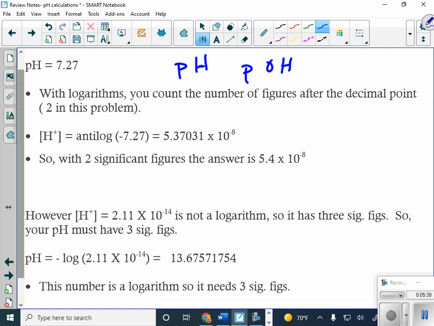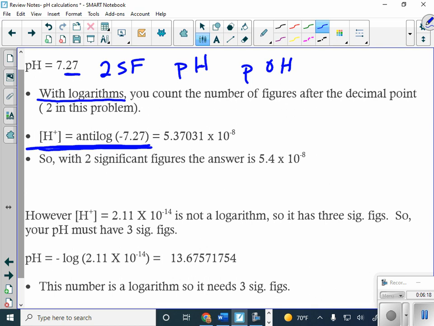It says, with logarithms, you count the number of figures after the decimal point. So how many figures do I have here after the decimal point? Lena: 2. Good. I have 2 numbers after the decimal point, so this problem is going to have 2 sig figs. When I do my calculation for my hydrogen ion concentration, I need to have 2 sig figs.